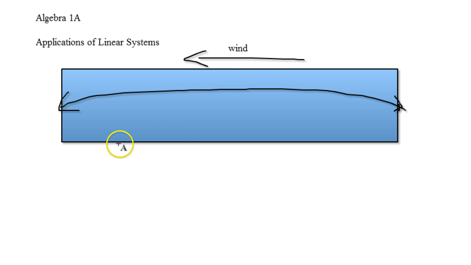So if the plane is going this way, the plane's speed is going against the wind. Let's say that A is the speed of the plane, and W is the speed of the wind. Now as it comes back, A plus W is the actual speed of the plane. The speed of the plane you can tell by looking at the monitor, but what's the actual speed?